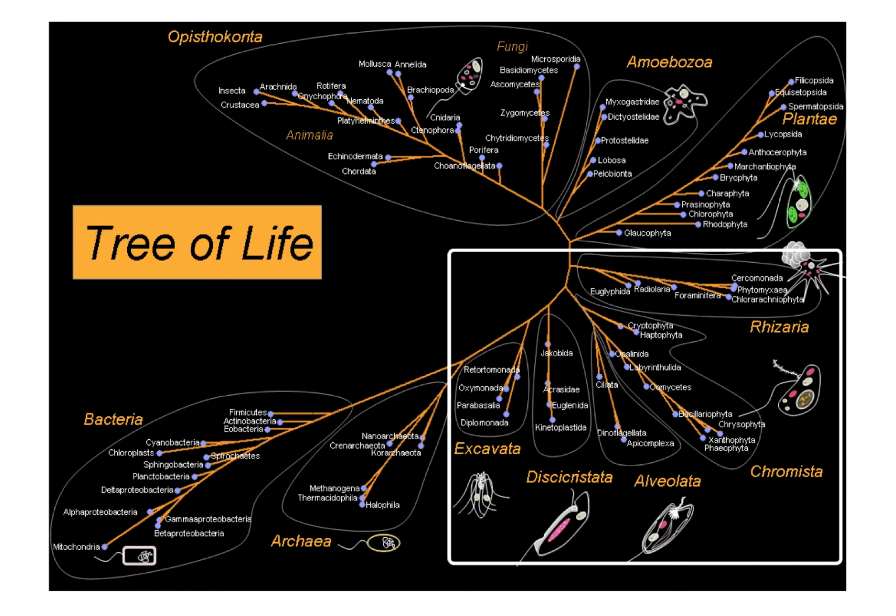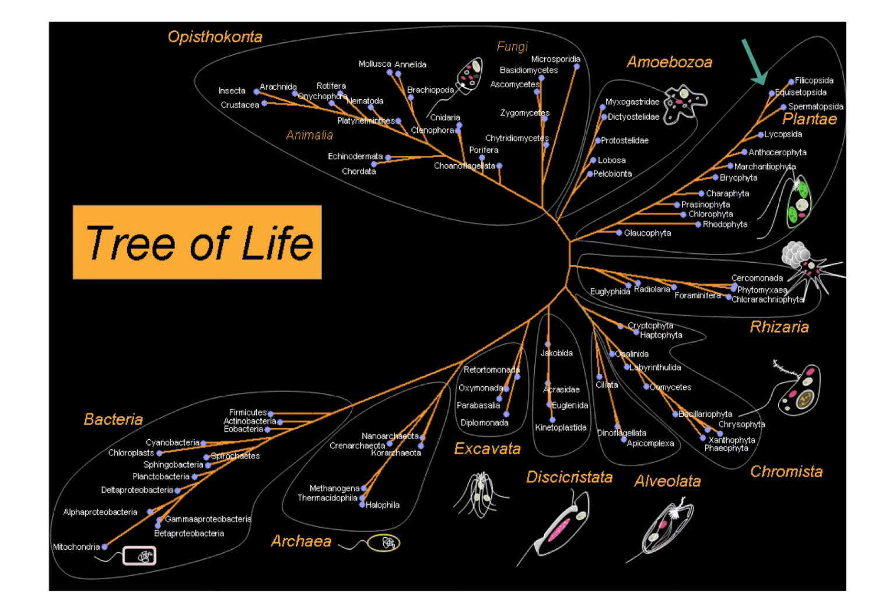And then you start getting these other crown groups, including plants, which many are multicellular, and amoeba, many are unicellular, but there are a lot of multicellular organisms as well. And then the opisthokonts up here, including the animals and the fungi. And again, most of those are multicellular species.